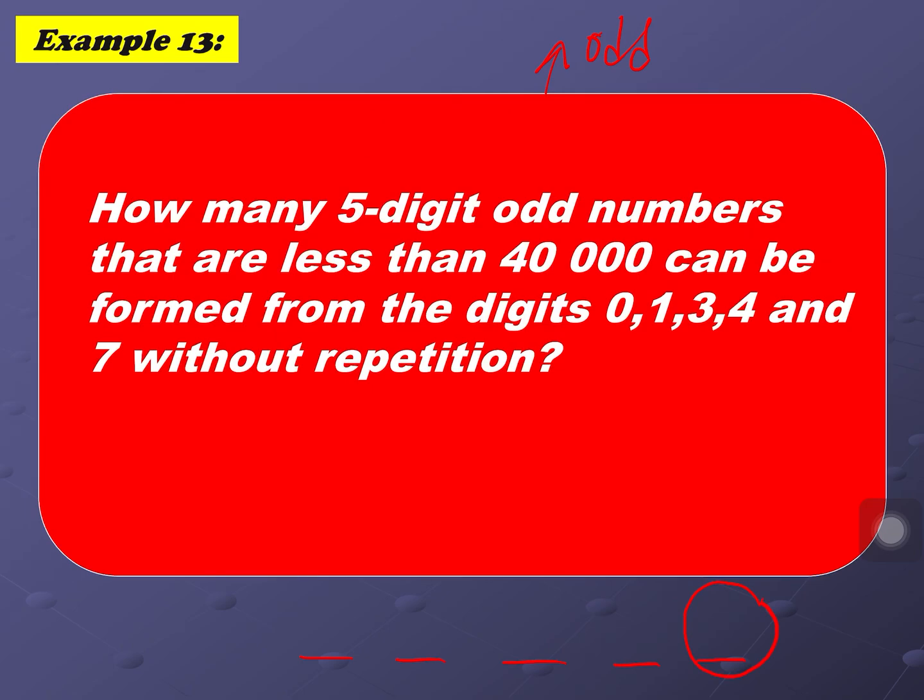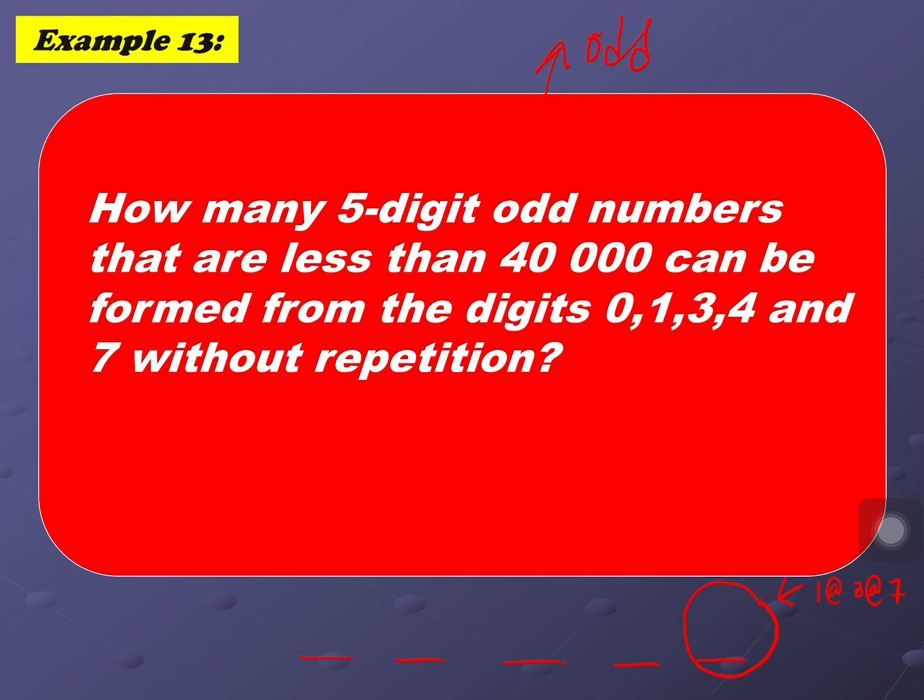The question says it should be an odd number. If it's an odd number, the number at the back must be odd. What is the odd number here? It's either 1 or 3 or 7.